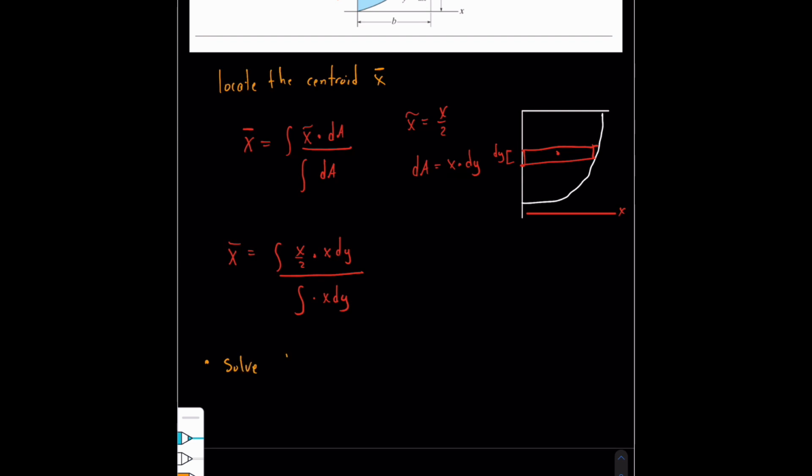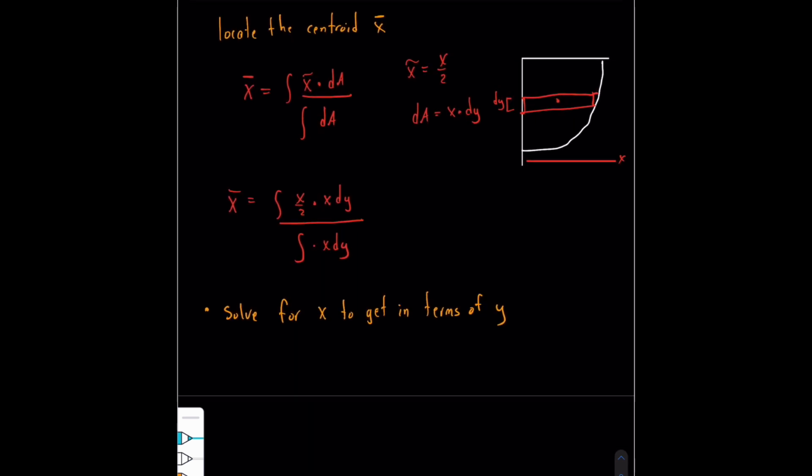Solve for x to get it in terms of y here. Now we have y is equal to a x squared. Now before I solve for x, it is important to solve for this variable a here. I'm going to explain later on why it's important to solve for the variable a.